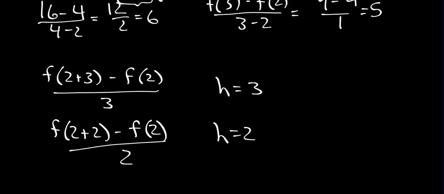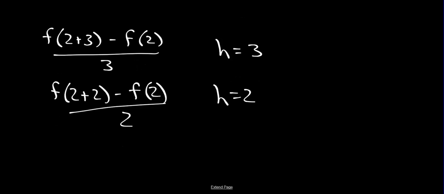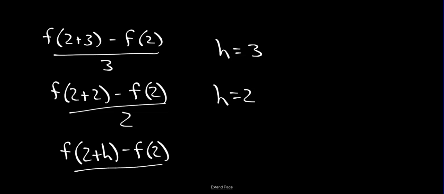In other words, the change, the delta x, or the h, it's on the bottom, right? So generally what we have is f of 2 plus h minus f of 2 over h, right? Y'all see that? Okay, now I want to open my calculator.